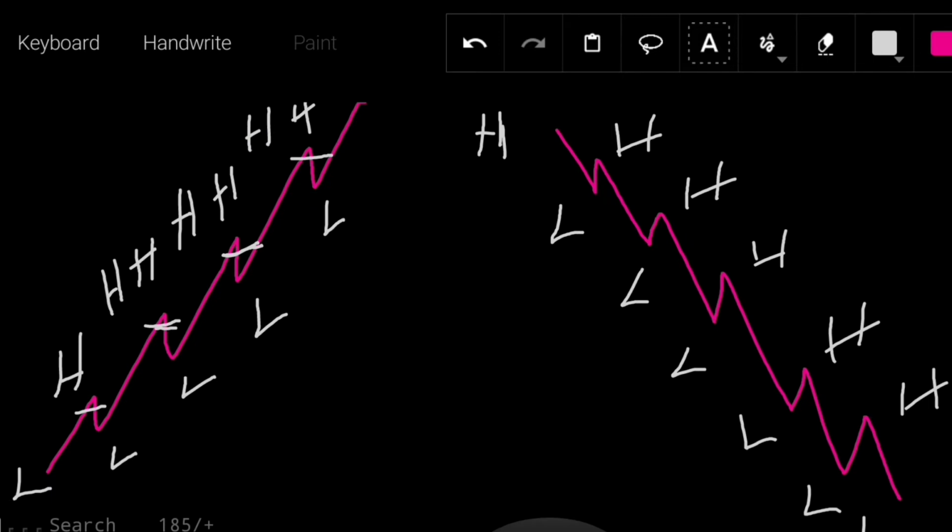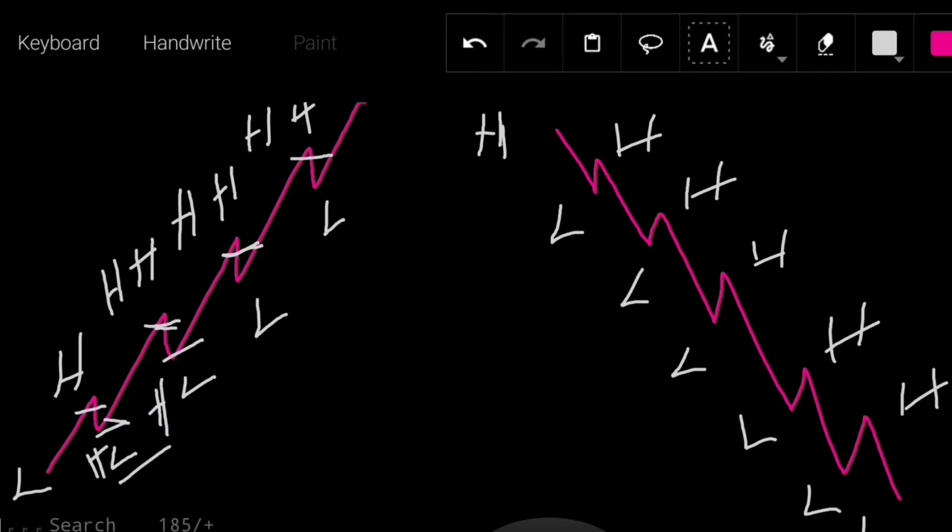Similarly, we'll draw these lows also. Let's see if this low is higher than this low. Yes, so this is called higher low. Is this low higher than this low? Yes, so this is also higher low.